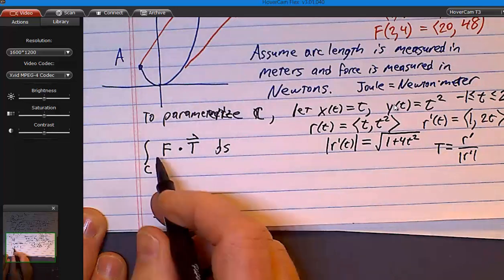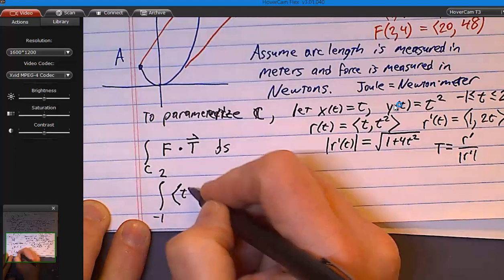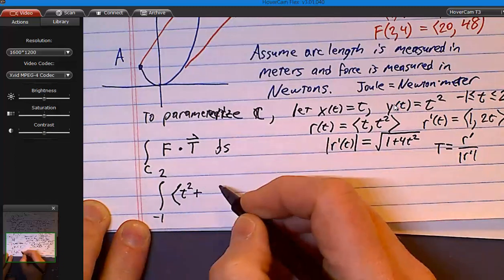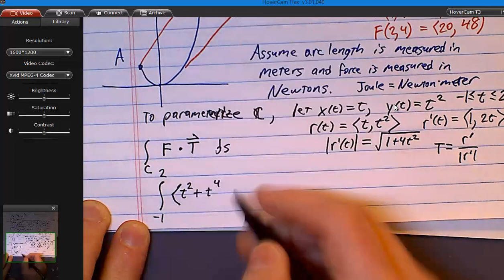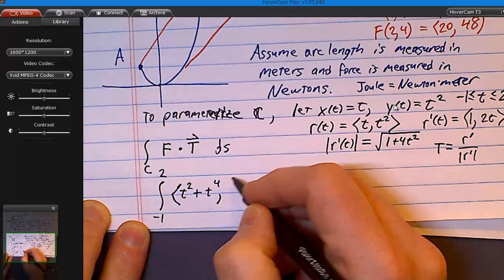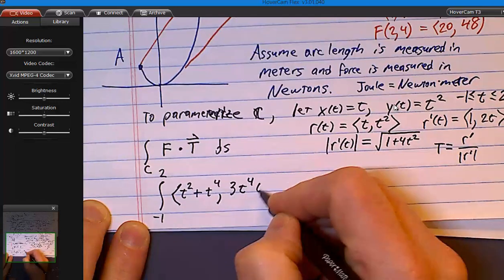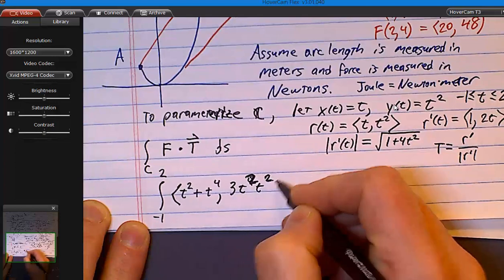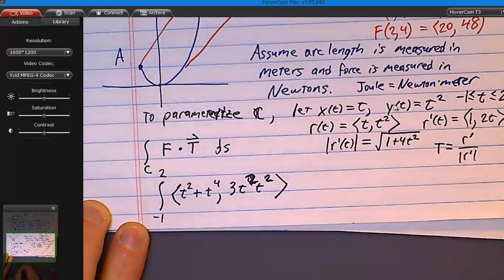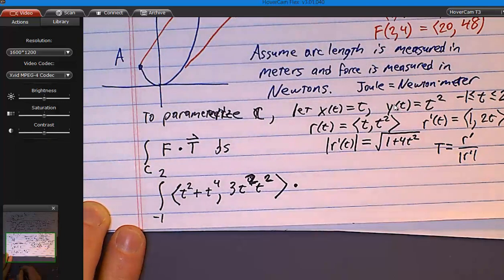And when I say I'm doing F dot T, F is t squared plus t to the 4th, because that's t squared squared, comma 3t squared times t squared, which is 3t to the 4th. Dot, what am I dotting this with?